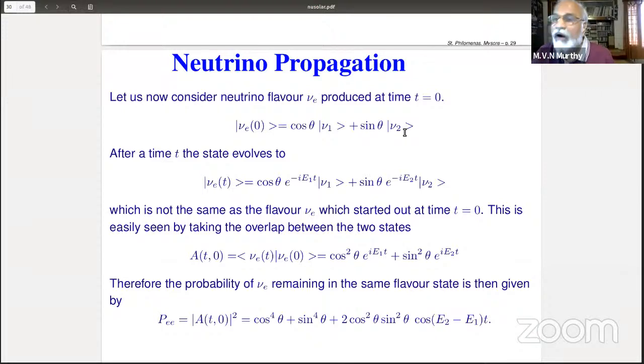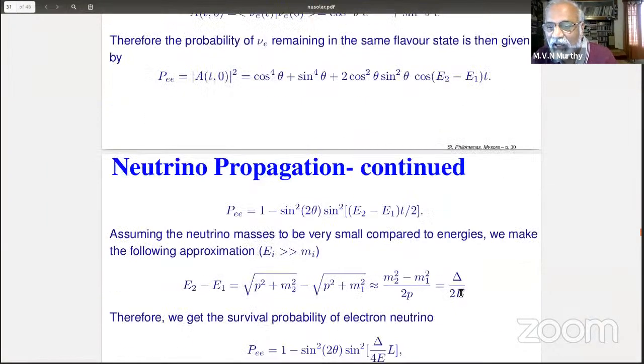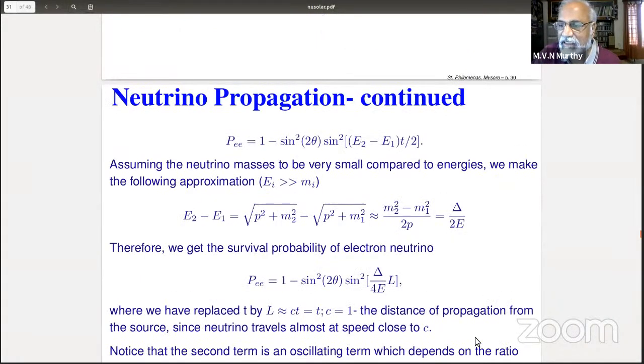However, they are assumed at this stage to be mixtures of two energy eigenstates. So these energy eigenstates differ in energy through the mass of the neutrinos, which are assumed to be different, as I showed here. Is that okay? Then this delta, sometimes people write it as delta m squared. I am a bit lazy, so I just leave it as it is.